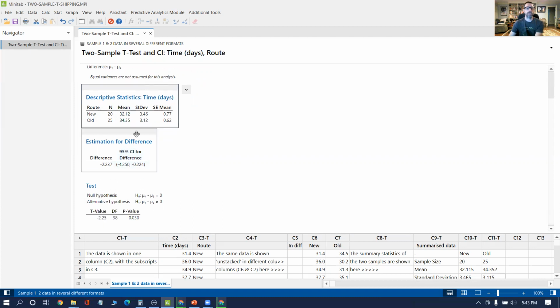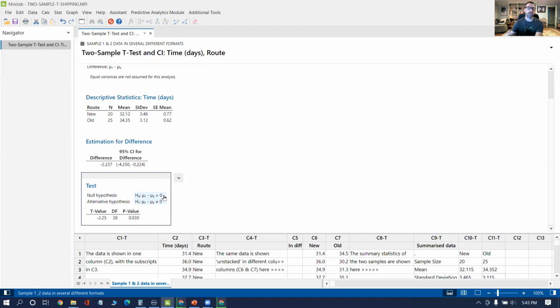We're going to come back to this estimate for difference. We'll come down here to the test. The null hypothesis, H sub 0, is mu sub 1 minus mu sub 2 equals 0. So when we talk about what our null hypothesis says in English, in words, we say there is no difference.